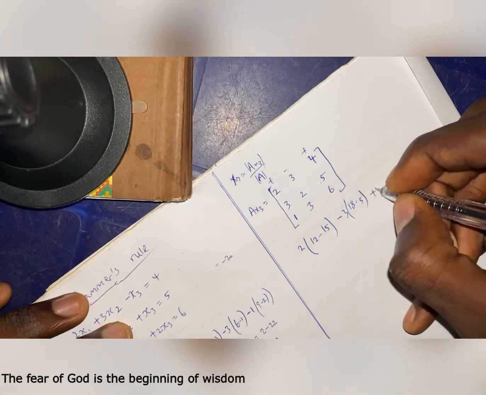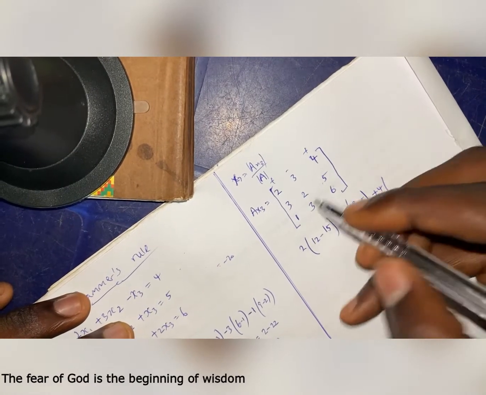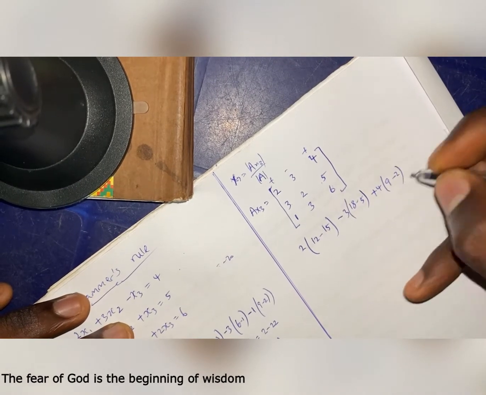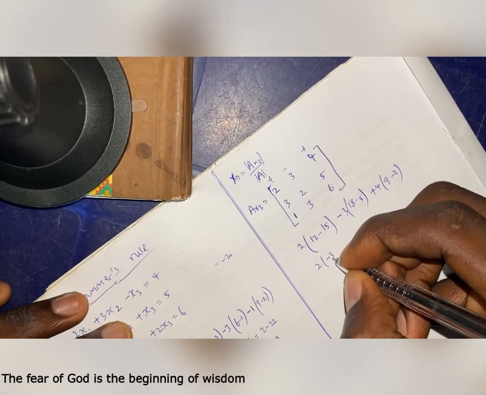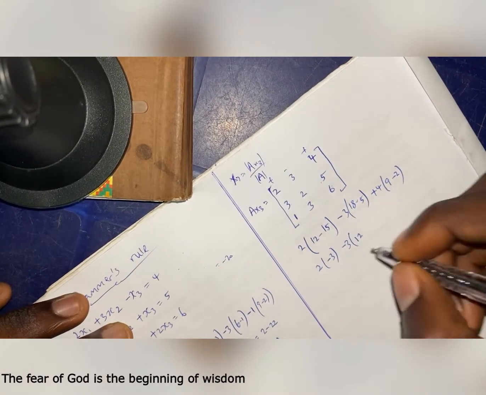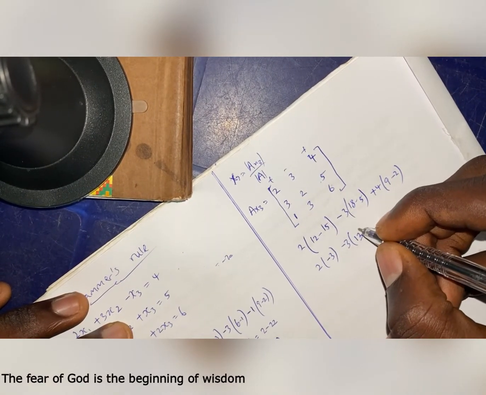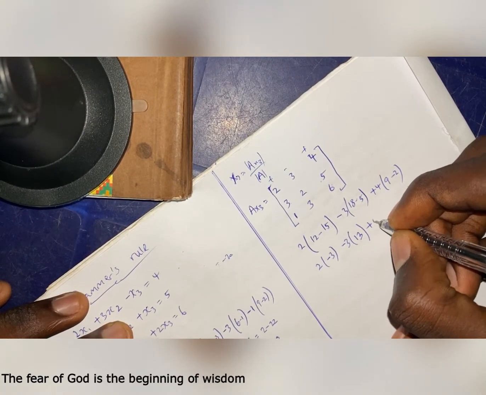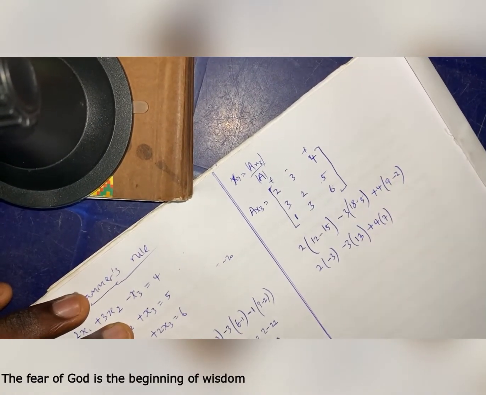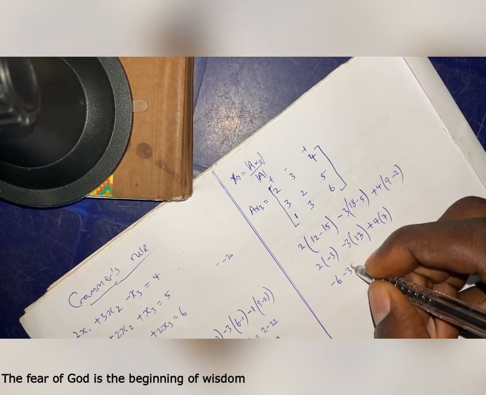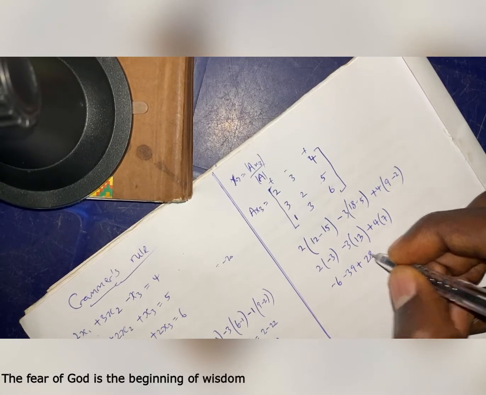Lastly, plus 4 of 3 times 3, 9, minus 2 times 1, that's 2. So we have 2 of minus 3, minus 3 of 13, plus 4 of 7. So our answer will be minus 6, minus 39, plus 28.